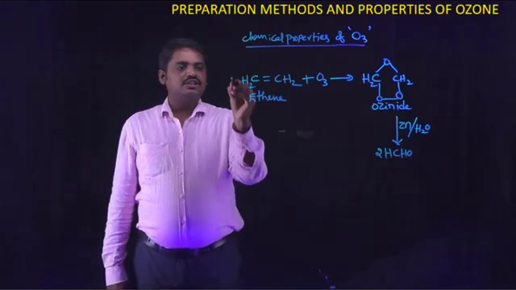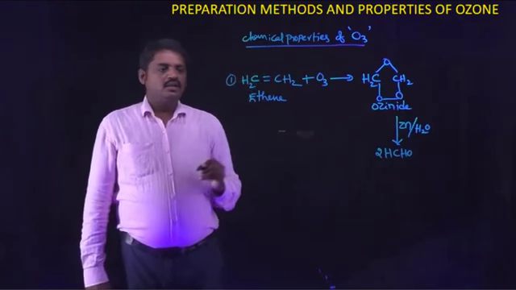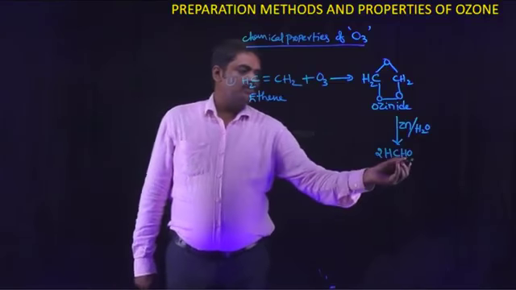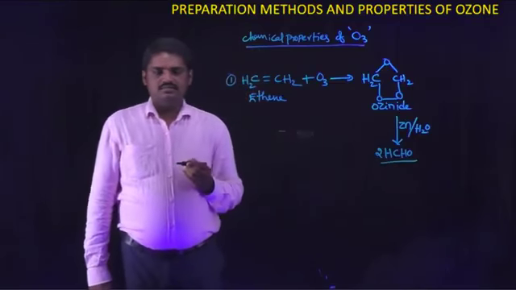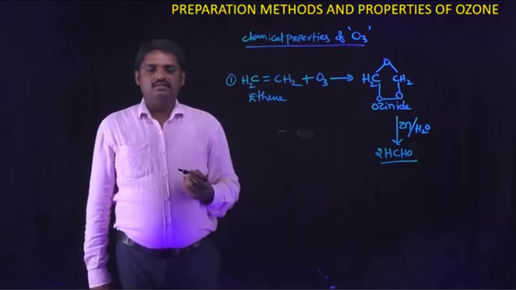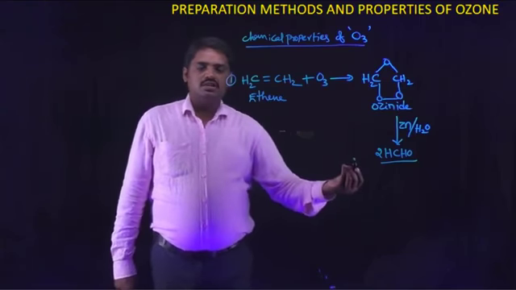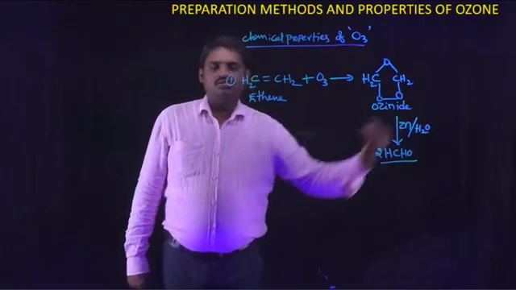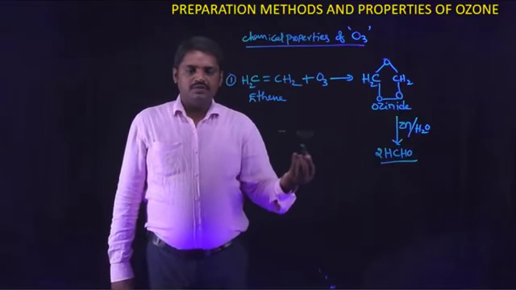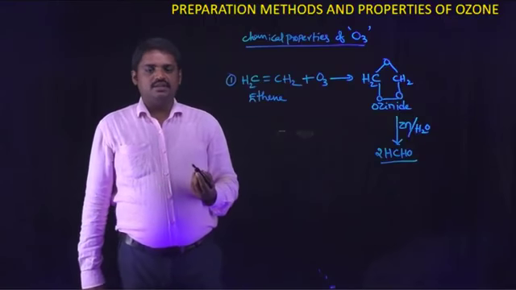In this reaction, symmetrical alkenes produce only aldehydes, and unsymmetrical alkenes produce aldehydes and ketones. That is the simple difference in this method.